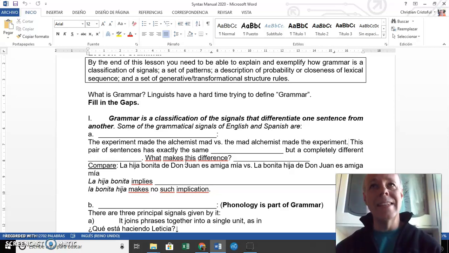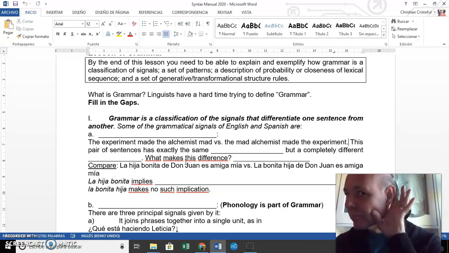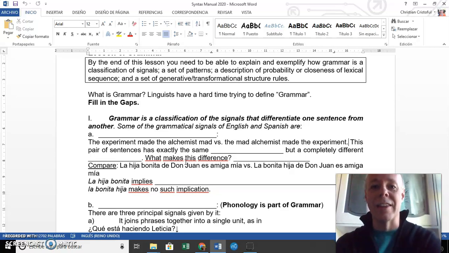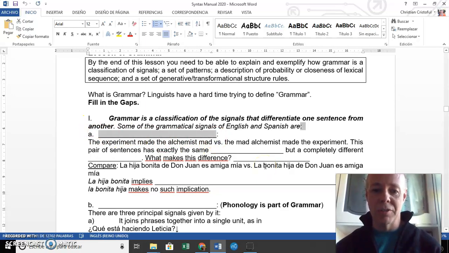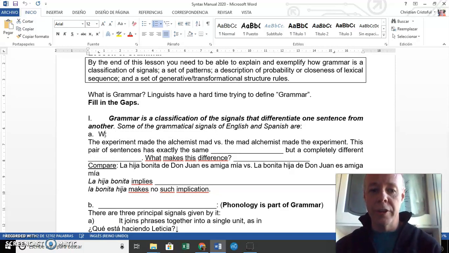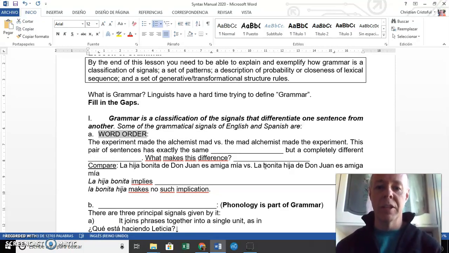What made the meaning change? Yes, you are right. Word order. The order of the words makes the meaning change. So one of the signals of grammar is word order. Okay, so this is what you need to write in your manual. Word order.